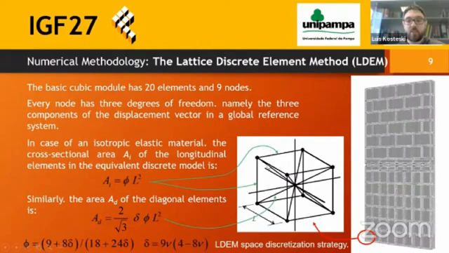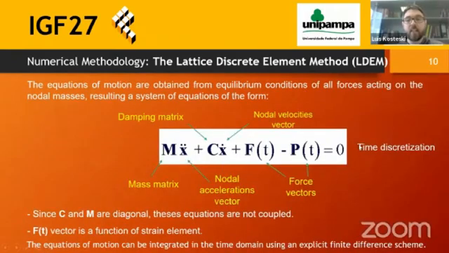All the properties of this lattice are related to the characteristics of the solid. For the time discretization, we use the very well known equilibrium formula, where M is the mass matrix, C is the damping matrix, and F is the internal and external applied force, and we use an explicit finite difference scheme to integrate this equation.